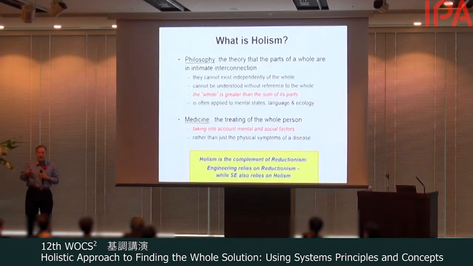A lot of our illness is not from ourselves, but how we interact with others. And so a lot of our physical illness is caused by social illness. So we can treat a person in the context of their society and their family, so that is a more holistic approach.